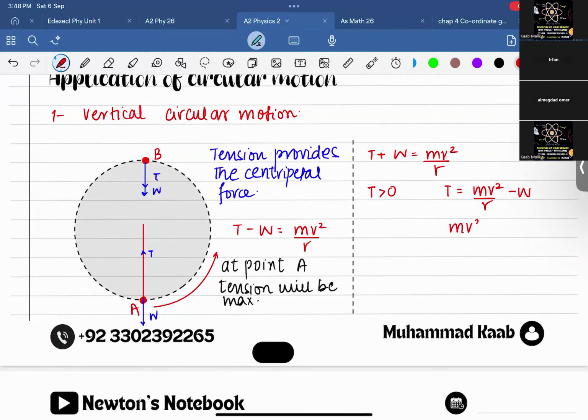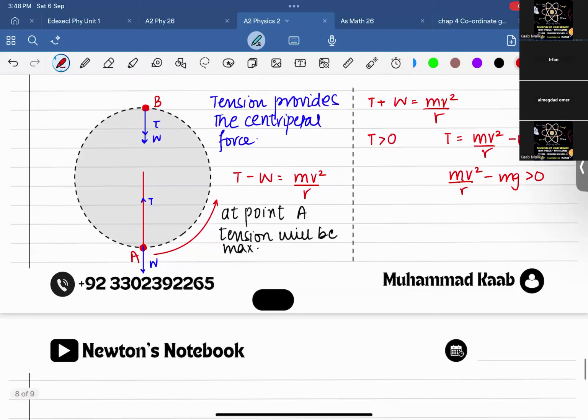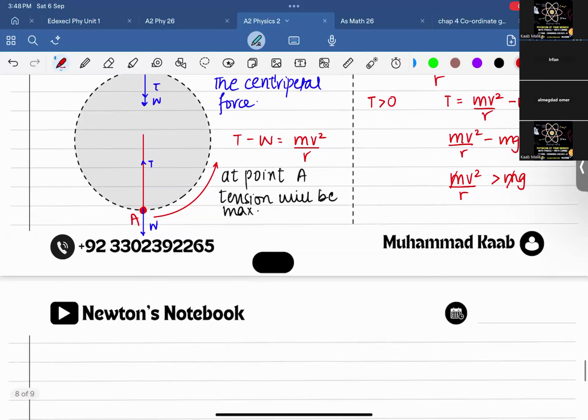So mv square over r minus w, which I can write as mg, should be greater than zero, right? And if I take mg to the other side and cancel things out, it gives me v square should be greater than gr, or v should be greater than the square root of gr, right?